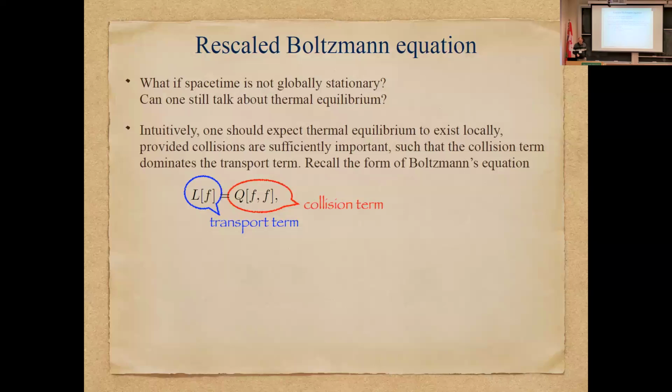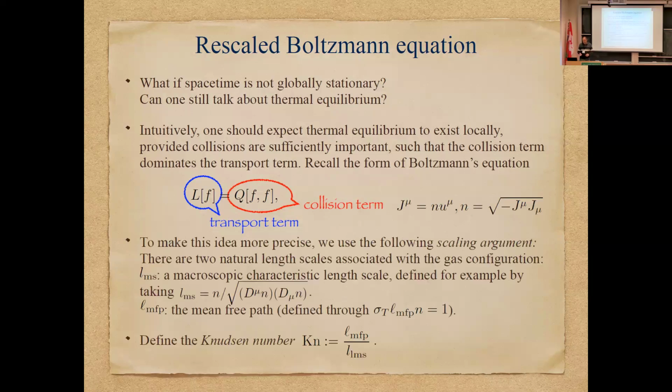Okay, so if this is the case, you could still hope to have approximate equilibrium solutions. Now to make this more precise, we are going to use a scaling argument. We are going to introduce these two length scales. These are not precise definitions, but more to define this rescaling.